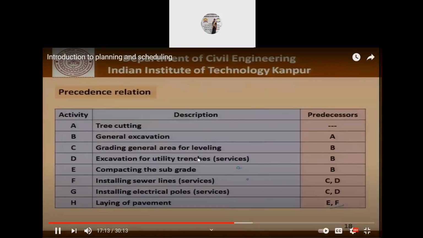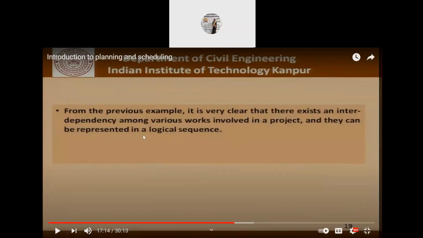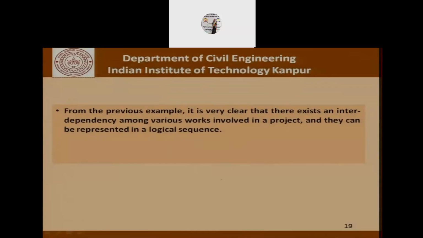Now, from this example, it is clear that there exists an interdependency among various works involved in a project, and they can be represented in a logical sequence. In this case, we represented it by means of a table where we listed the different activities and had a column where we listed the required preceding activities to have been completed before those activities are taken up.